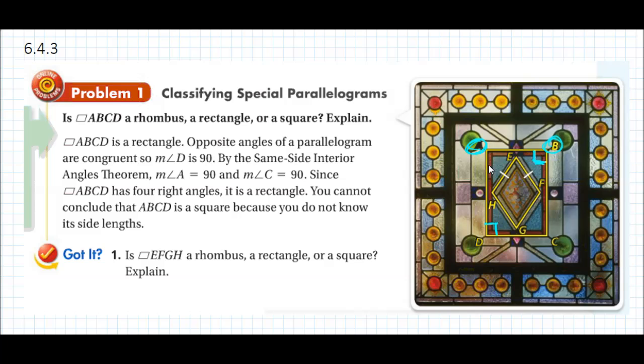So if B is 90, A is 90, and if B is 90, C must be 90. So we know in parallelogram ABCD, all four angles are right angles. Now, looking at the diagram by inspection, we cannot tell anything about the lengths of the sides. The best we can tell is it's a rectangle.